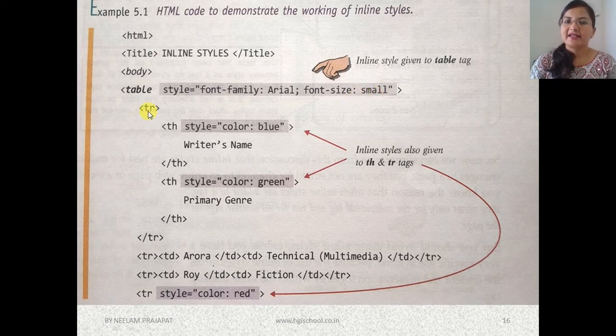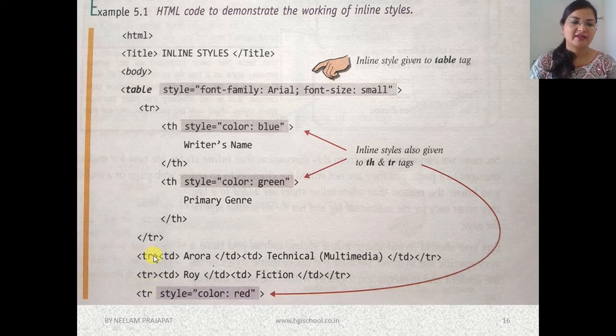Then this is tr, that means the first row. You can see from here to here this is the first row. In the first row there are two table headings. The heading will be in color blue, that means writer's name and primary genre, this will be in blue color, and this will be in green color. Got it? Now this is the table header row, second row, this is third row, and this is fourth row.